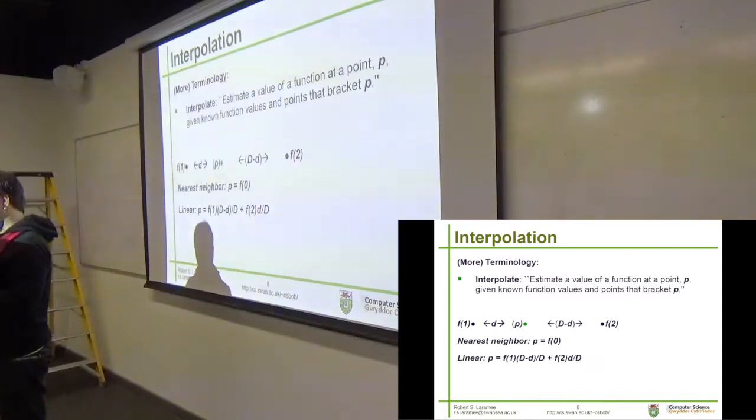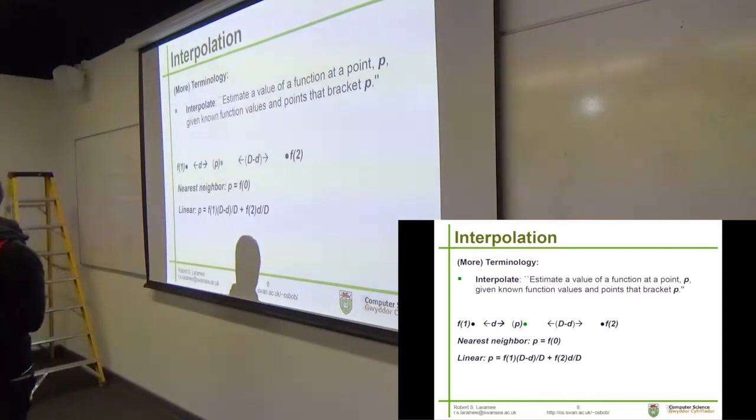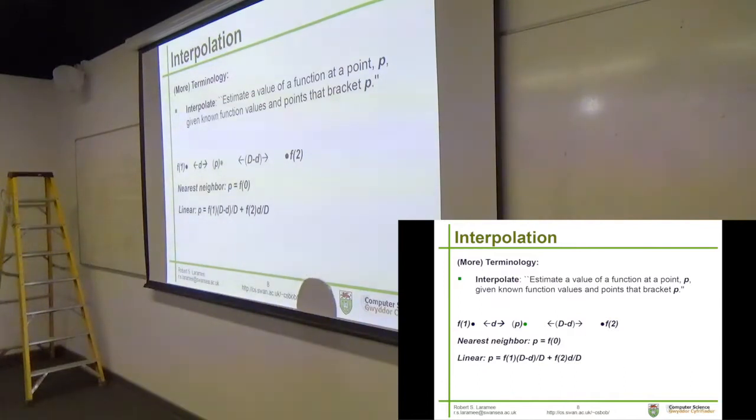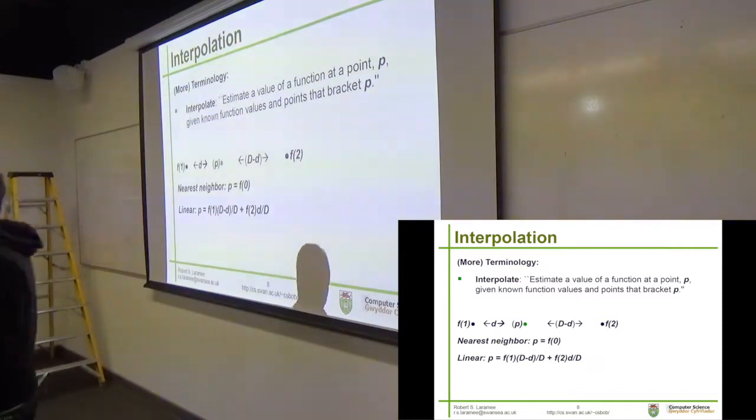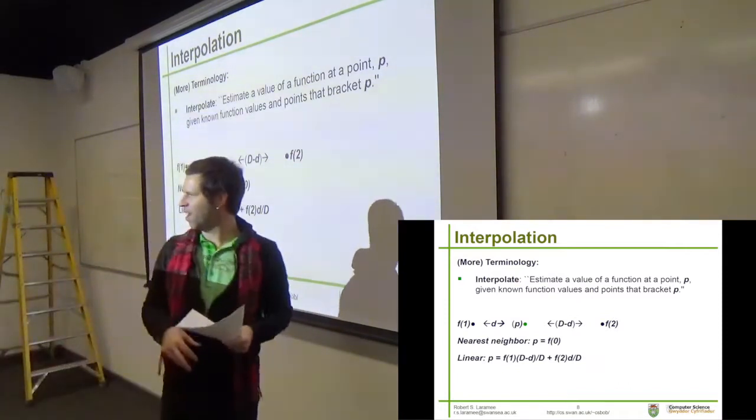Fabio Simmons is here somewhere, at least he signed. Fabio, how do you compute the average of some numbers? Isn't it a sum divided by how many samples you have? That's right. You add up all the numbers and then you divide by the number of them.